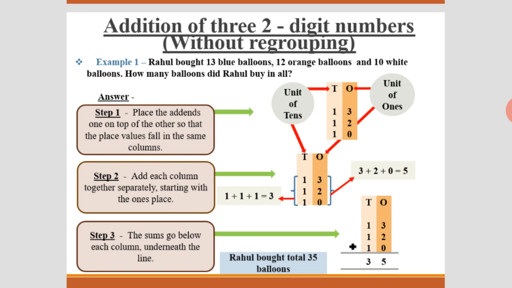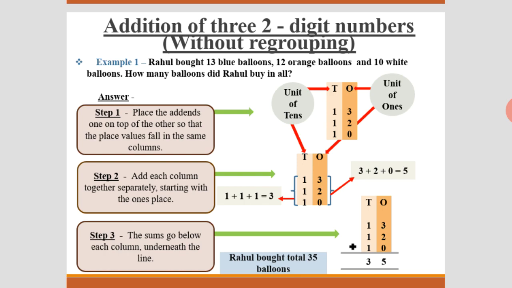Step 2, what are the digits present in the ones column? That is 3 plus 2 plus 0 is equal to 5. Next, moving forward to the tens column, 1 plus 1 plus 1 is equal to 3.